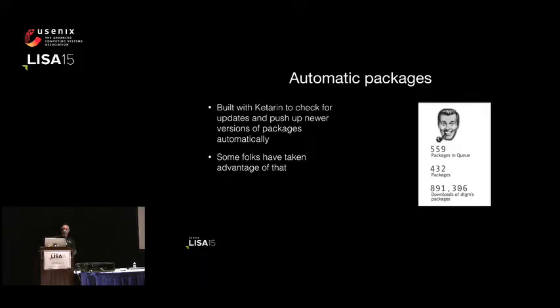And this is Datagram, or DTGM. He has probably the most packages that are out there. He's really taken advantage of automatic packages, and we have some other folks that have as well. You can see that he does have quite a few packages in queue right now. And one of the things we're also working on is doing more automation around our moderation.